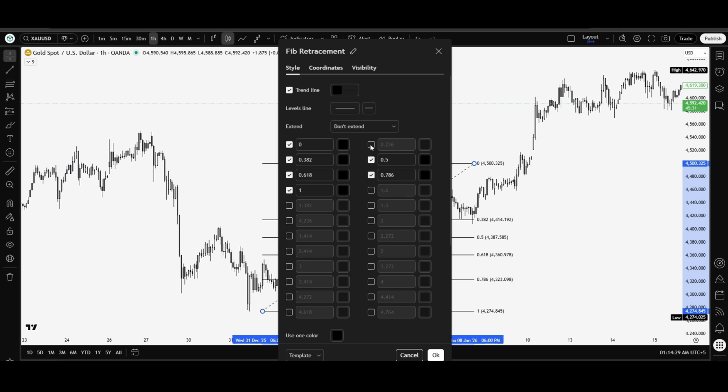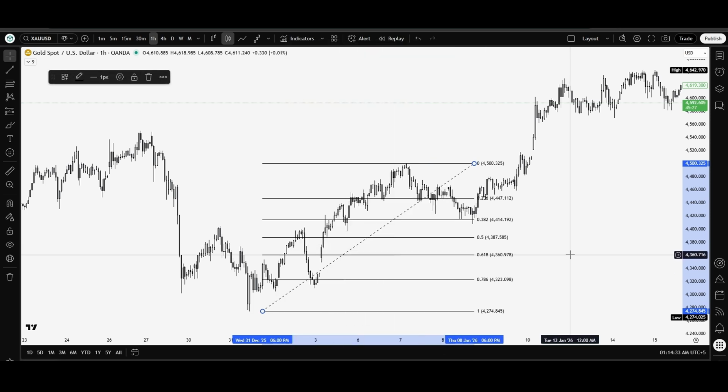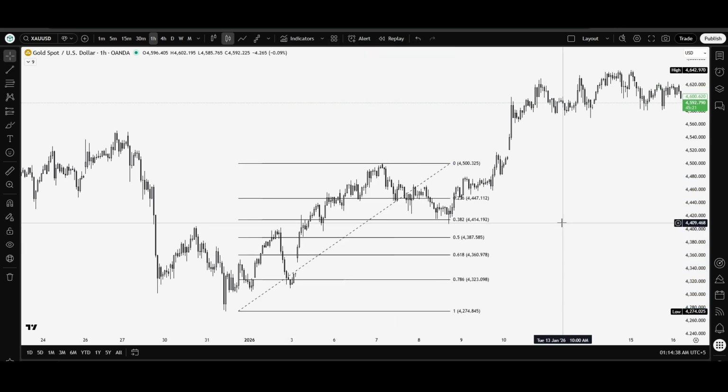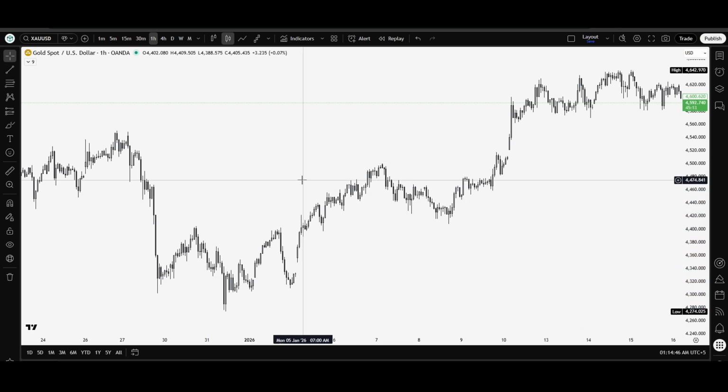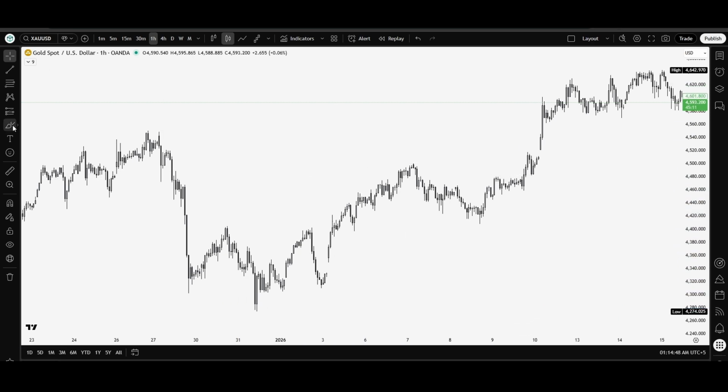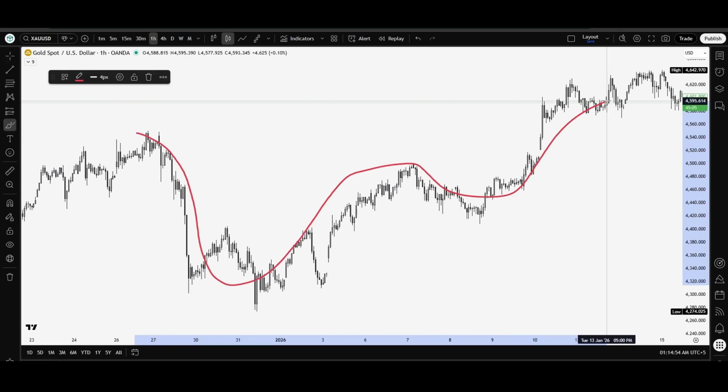By default, all these numbers will be visible, and let me just go through them. What are these numbers and what are these levels actually telling you? Let's say any asset is in a good trend, because the market moves in waves just like that.